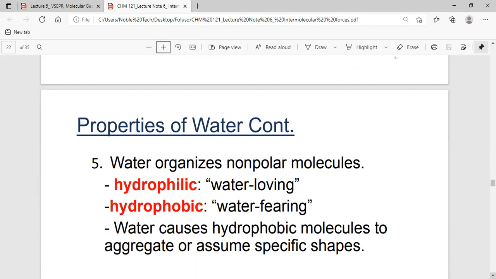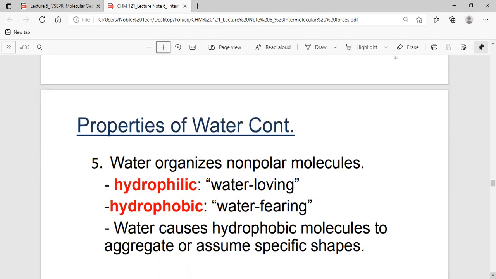Then water also organizes around non-polar molecules. So you have what we call hydrophobic and hydrophilic molecules. Phobic, fear. Philia, love.